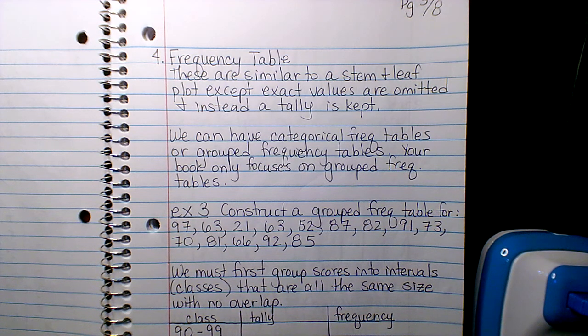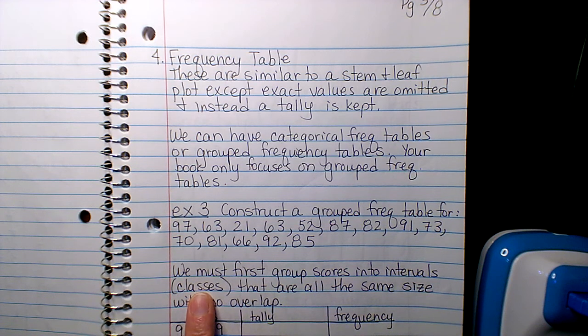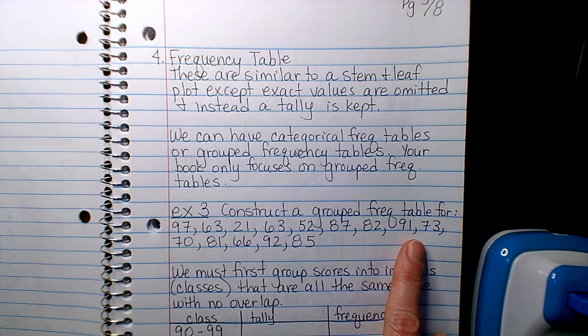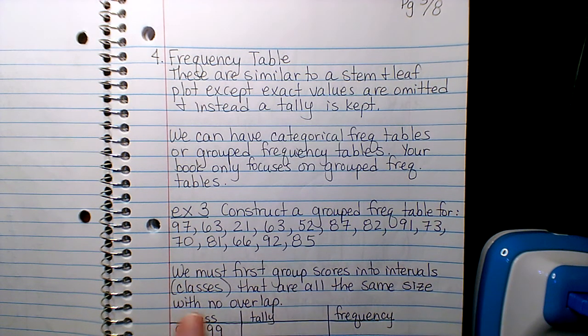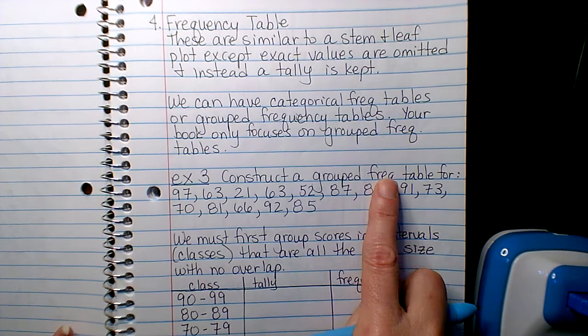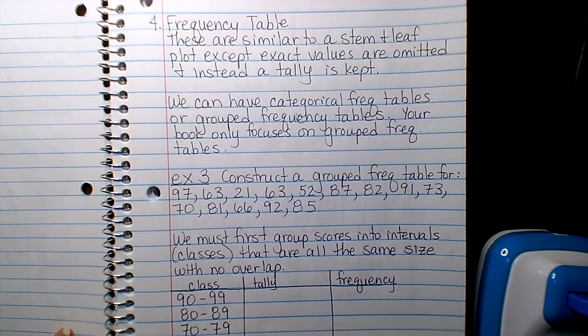Your book only focuses on grouped frequency tables, which means that we're going to have these groups or classes, as they're sometimes called. So here's my data points. We must first group the scores into intervals or classes. This is why we're using this grouped frequency table. We're going to group those scores into, well, groups for lack of a better word.